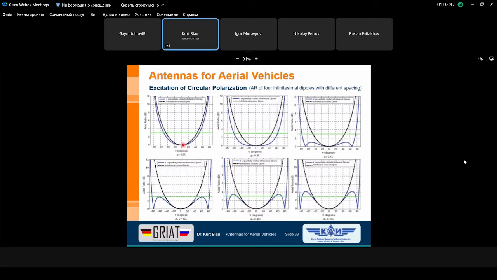And now we go in the other direction, you know, half power beamwidth, we go to the left or to the right of the main direction, the line of sight, and then we can find that our axial ratio decreases. So 3 dB means the axial ratio is 2, major axis and minor axis in the relation of 1 to 2. And this is given here by this green threshold line, 3 dB.